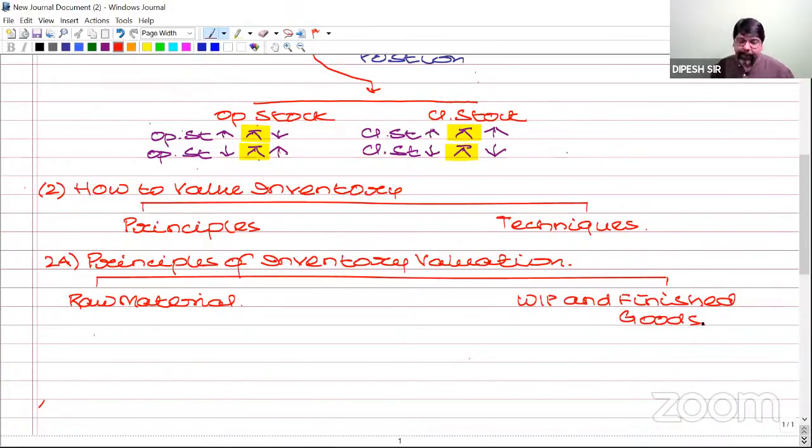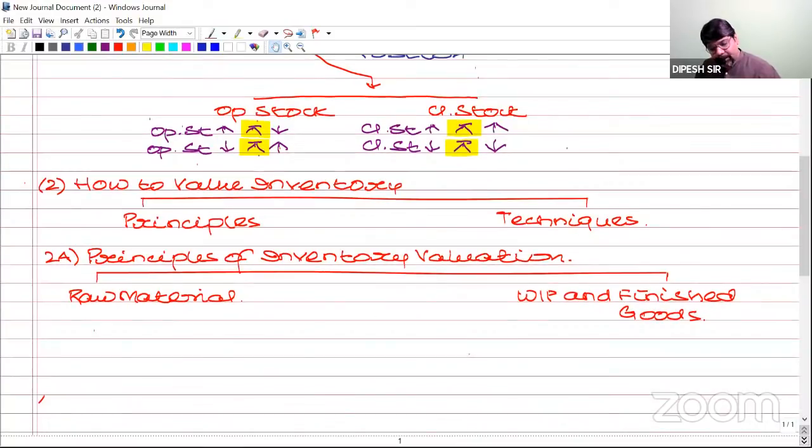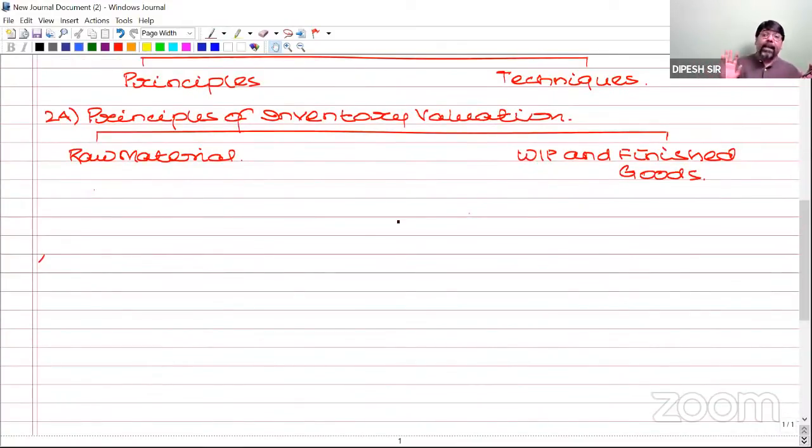Now, what is the valuation of raw material? You must have heard this. Stock should be valued at cost price or market price, whichever is lower. I'm 10,000% sure you must have heard this. Now chartered, fair enough. Raw material should also be valued at cost price or market price, whichever is lower.